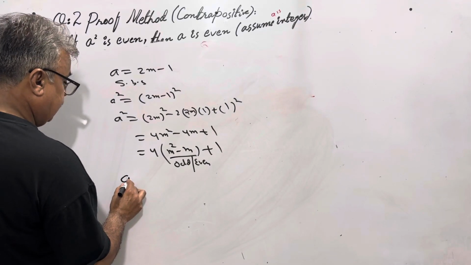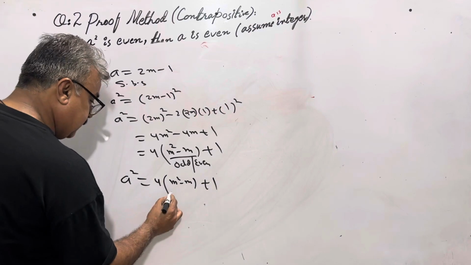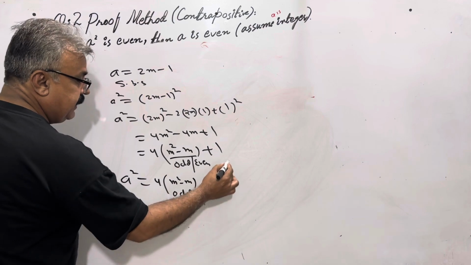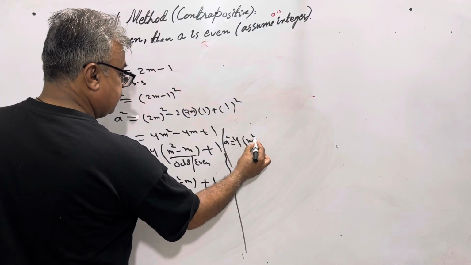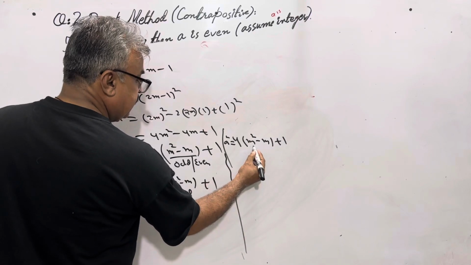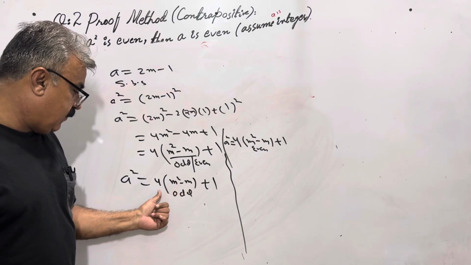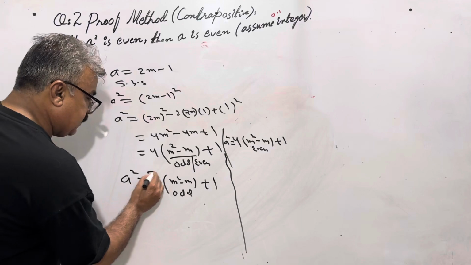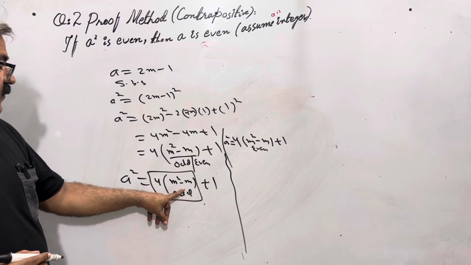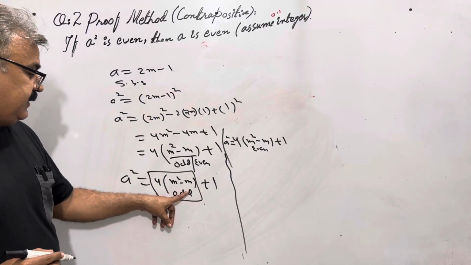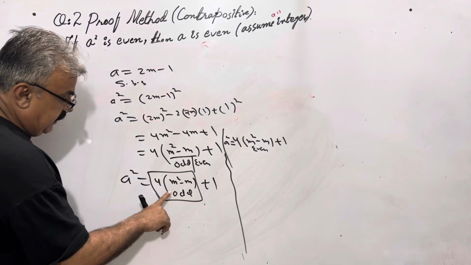Taking the first possibility, a square is equal to 4 times (m square minus m) plus 1. Suppose m square minus m is odd. 4 times any odd number will always give us even. If I take 3, 4 times 3 is 12, and 4 times 5, 4 times 7, 4 times 9, 4 times 11 will all give me an even number.